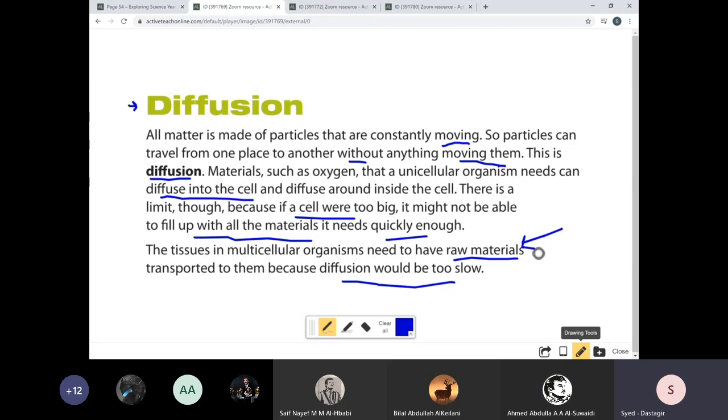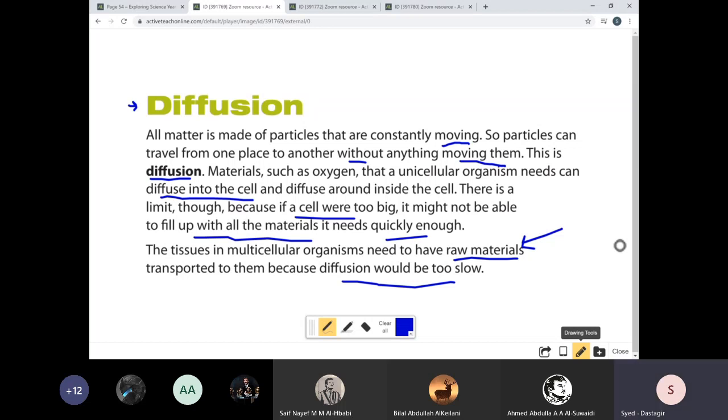Raw materials, for example, glucose from food and oxygen for respiration. Now, imagine if our cells could just diffuse oxygen, so you put your finger in the air and oxygen goes through your fingers.